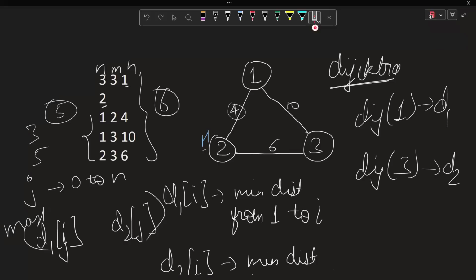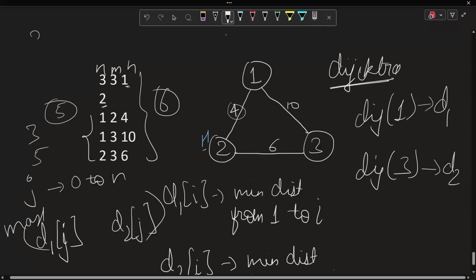So you just have to apply a slightly modified Dijkstra. Instead of n nodes, let's suppose you have 2n nodes. Basically, you are breaking every node into two parts, depending on whether you reach that node without a horse or with a horse.